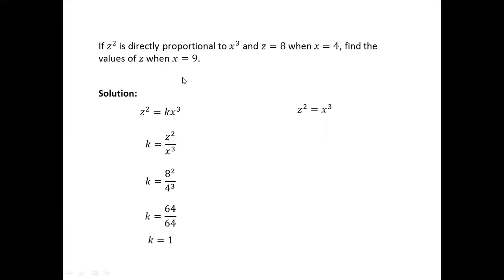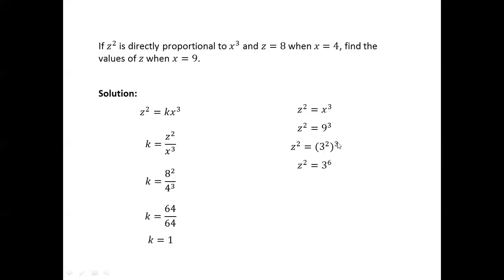Then, let's substitute the second value of x to find the possible values of z. Let's substitute 9 for x, giving us z squared is equal to 9 cubed. Now, if you don't want to deal with very large numbers, we can express 9 in terms of its prime factors. 9 is equal to 3 times 3, or simply 3 squared.